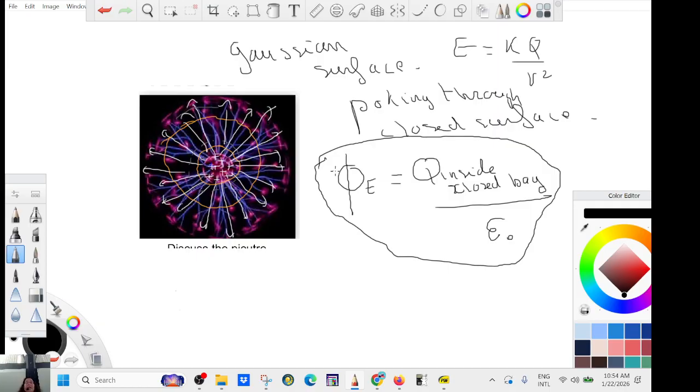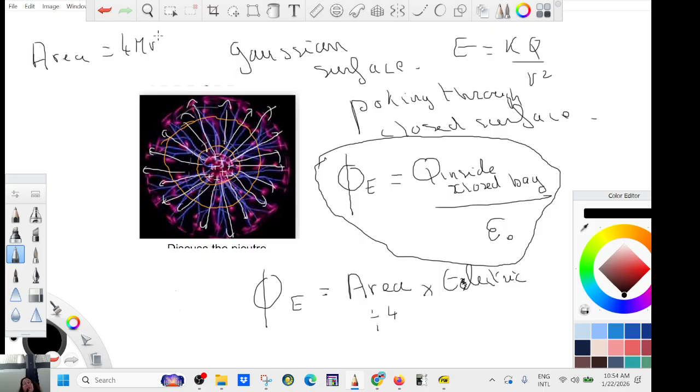Okay, and this is a consequence of Coulomb's law, and I will show you why. You see, the electric field flux is the area times the electric field. So a flux is always the multiplication of the area times a vector. But you see that if you divide the distance by 2, the area will be divided by 4, because the area of a sphere is 4 pi r squared.